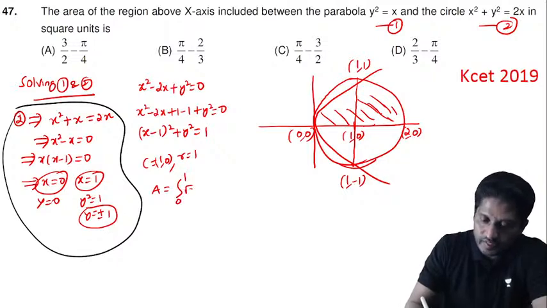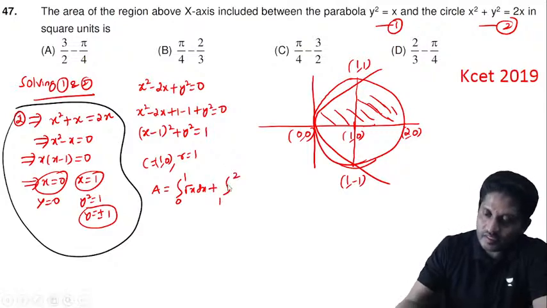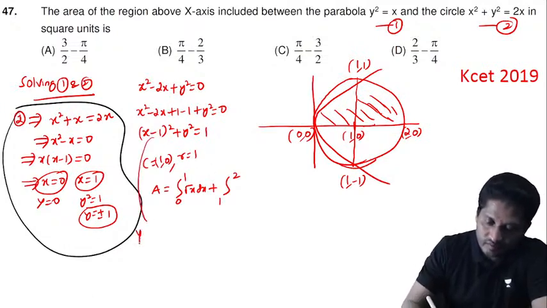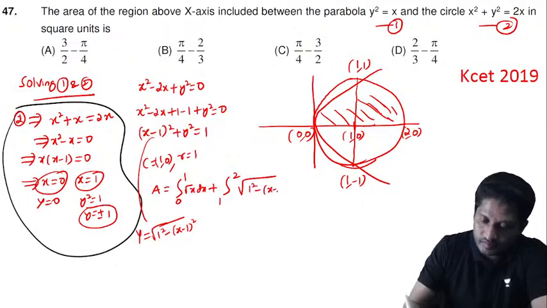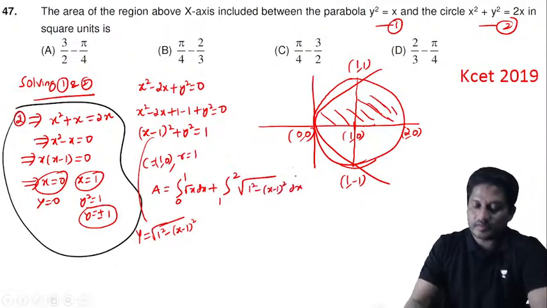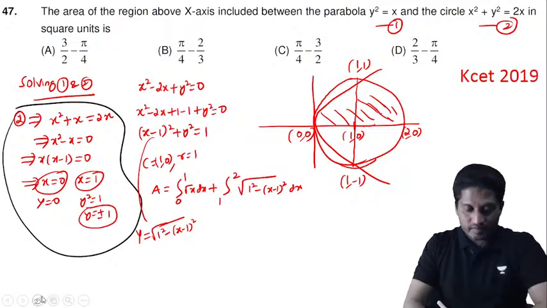Parabola is y is equal to root x, plus 1 to 2, then you get a circle. Circle equation, if I bring it to the standard form, here y is equal to root of 1 square minus x minus 1 the whole square, and then dx. Alright, I'll integrate in the next slide.